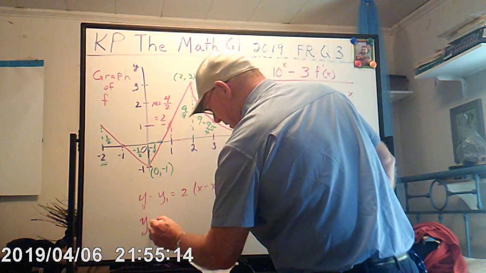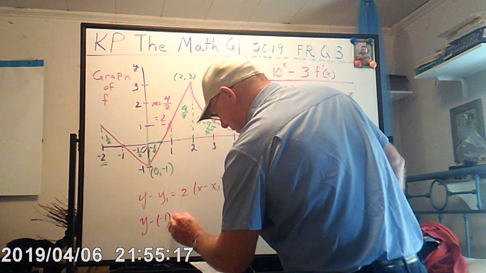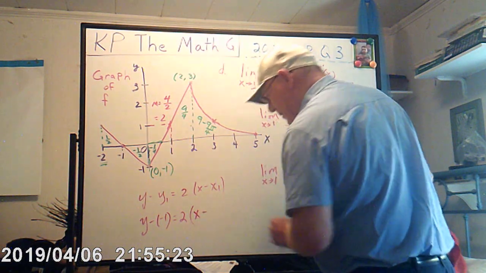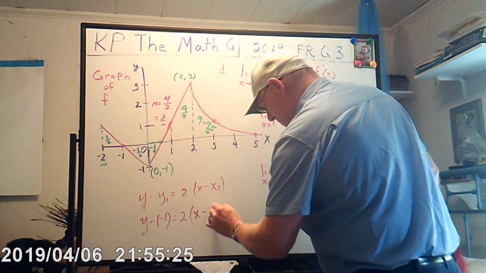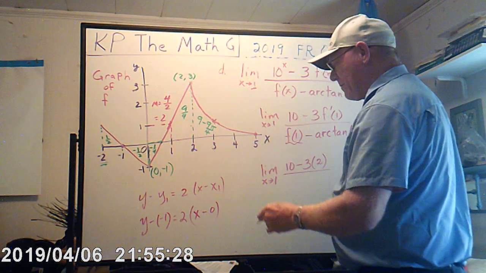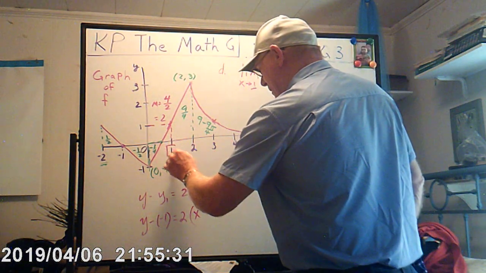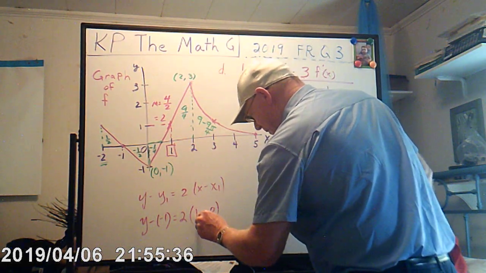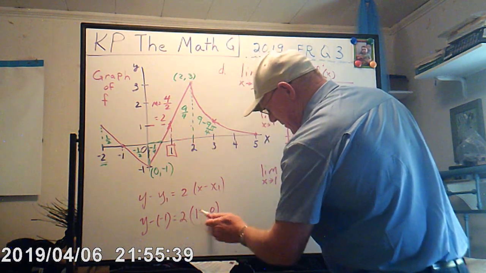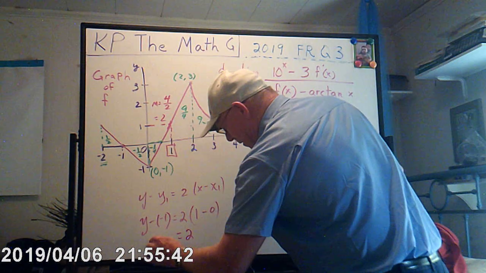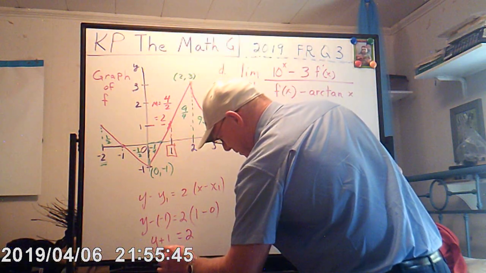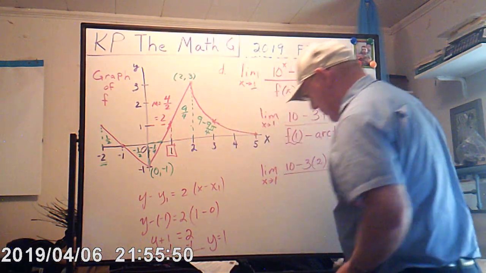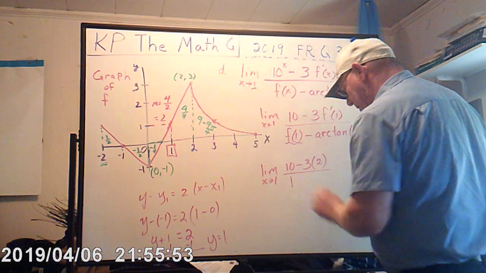So we have y minus -1 is equal to 2 times x minus 0. Now actually what I want to find out is what it is when x is 1. So I can put a 1 right here. So 2 times this is just 2. Y plus 1 equals 2. When I subtract 1 on both sides, y is equal to 1. So F at 1 is 1.